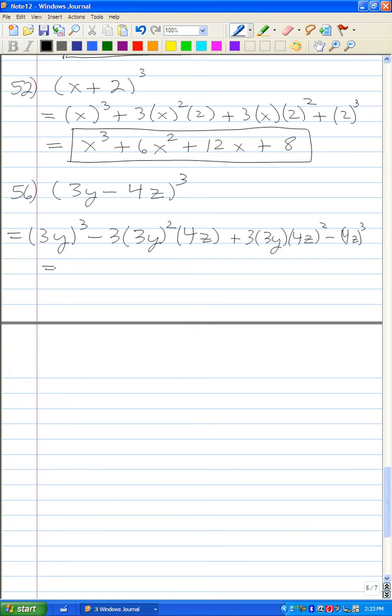And so I get here 3 cubed is 27 y cubed. 3 squared is 9 times 3 is 27 times 4, 108, y squared z, plus 4 squared is 16 times 3, 48 times 3, 144, yz squared. 4 cubed, 64 z cubed.